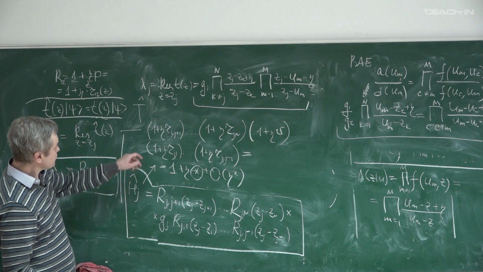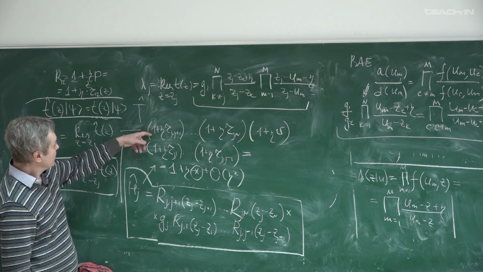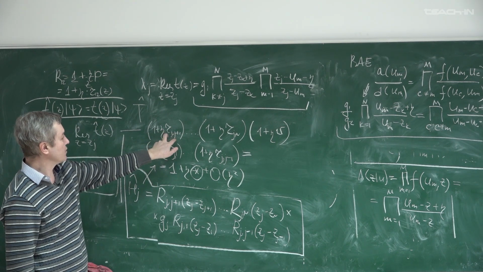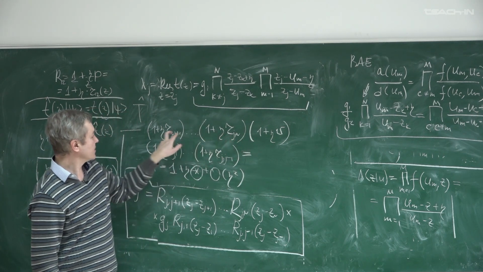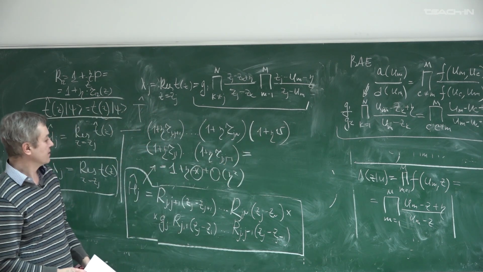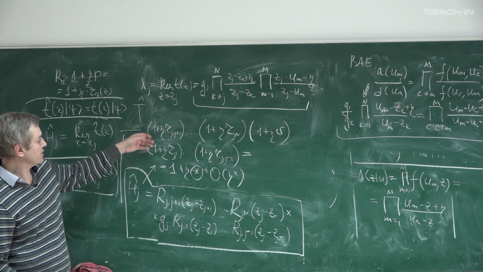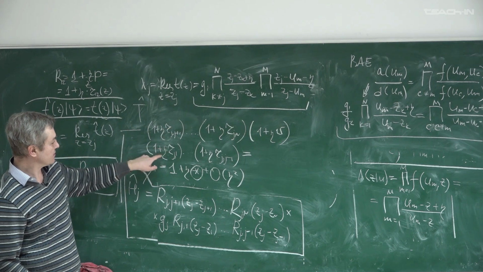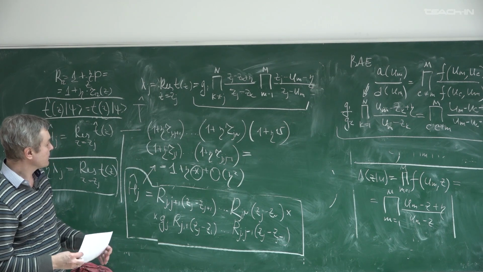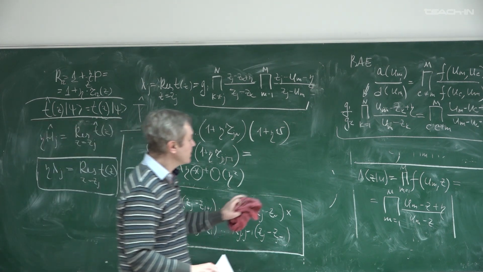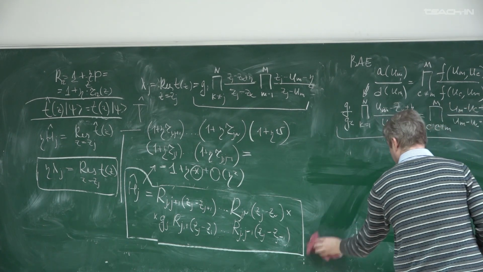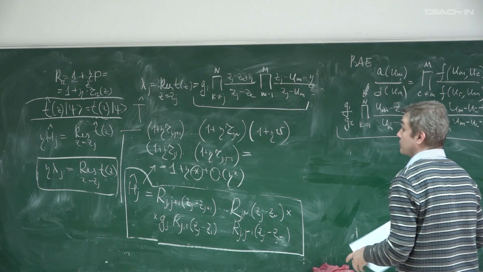How does it arise? It arises from the sum of all these R matrices and this diagonal matrix V. Because if you have two R matrices, then this will be the second order, yes? So this is why I can write the following answer.